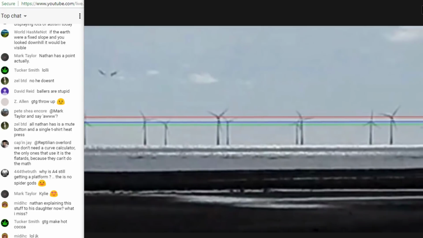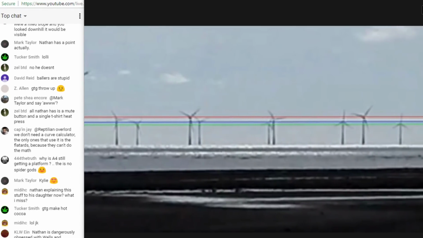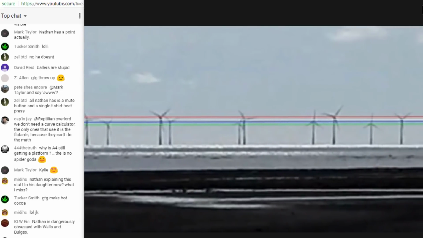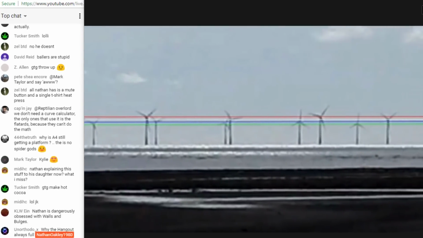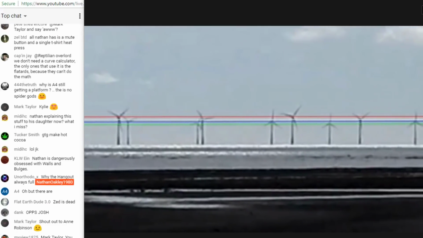They're not conforming to the curve of the Earth, Josh. They're built perfectly level with each other. All of them are in a line. So they're falling away in line with the curve calcs, and yet they're all built perfectly parallel. It's amazing. How is that possible?